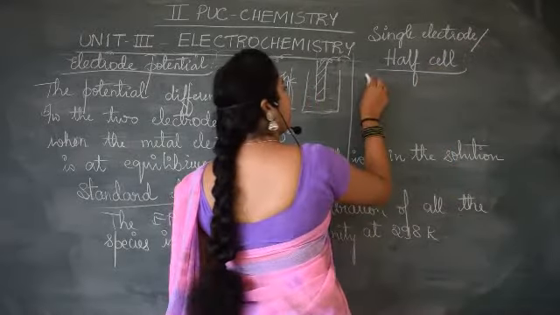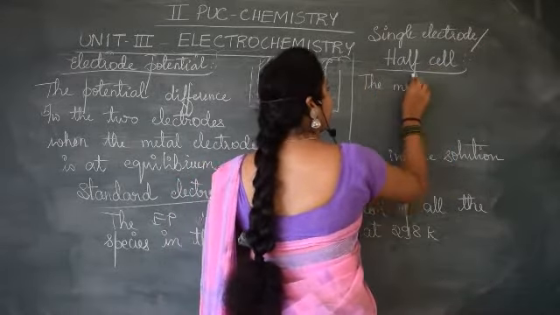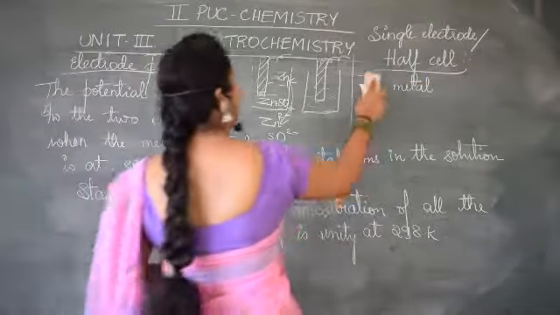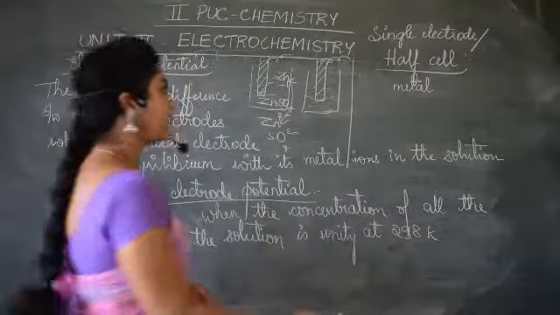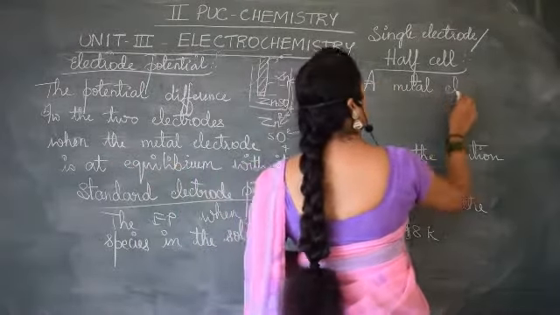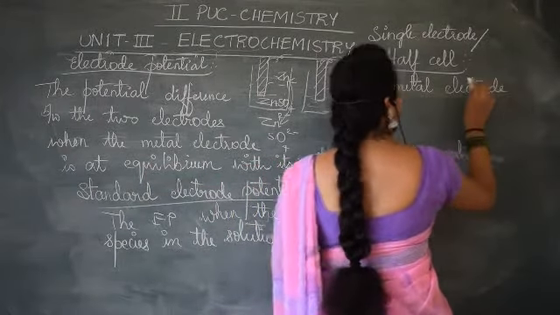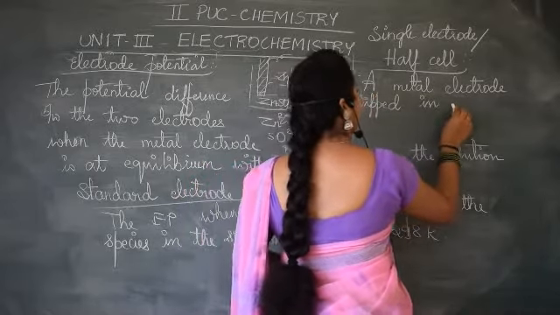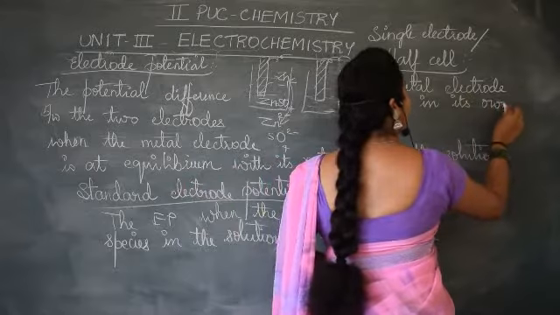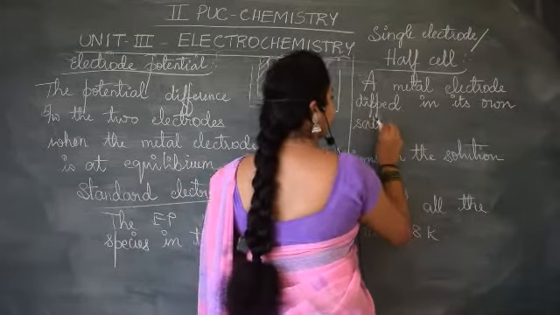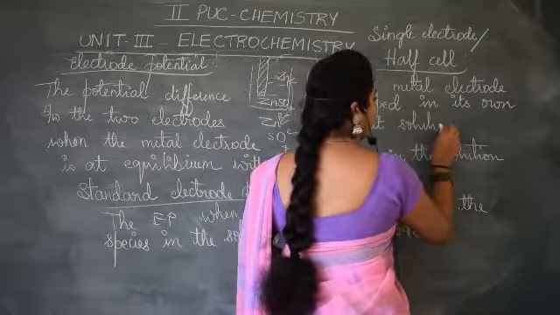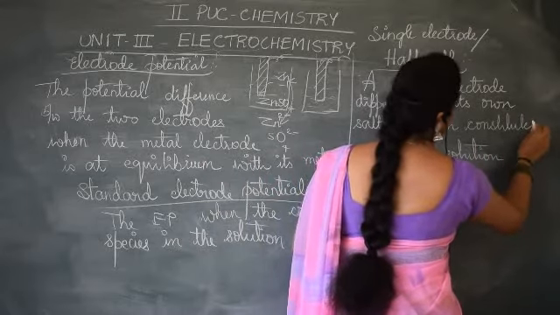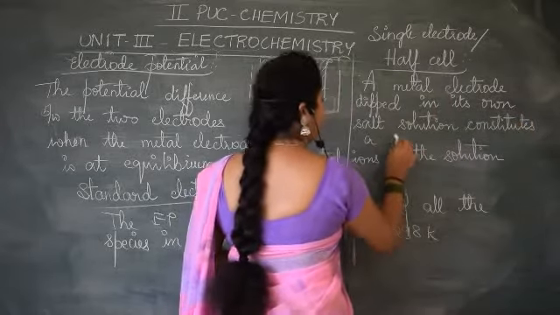A metal electrode dipped in its own salt solution constitutes a half cell.